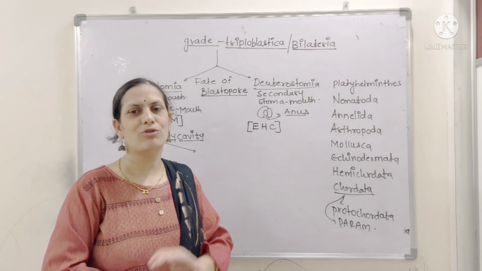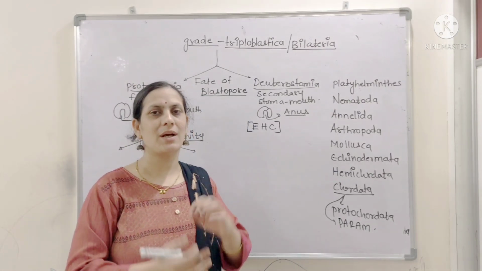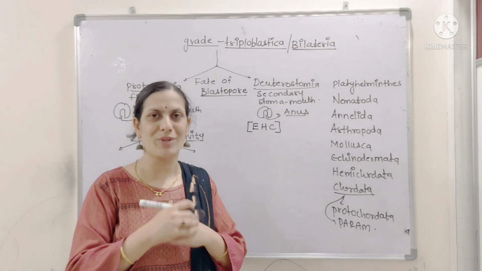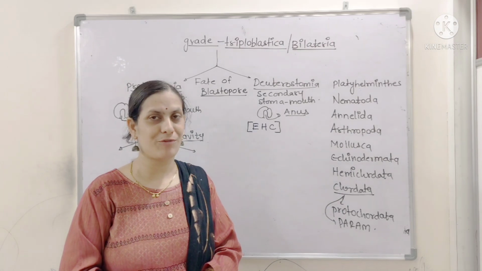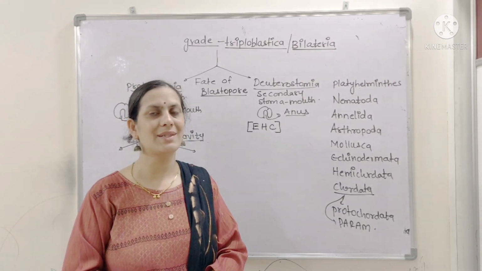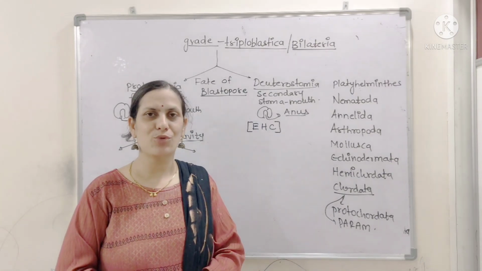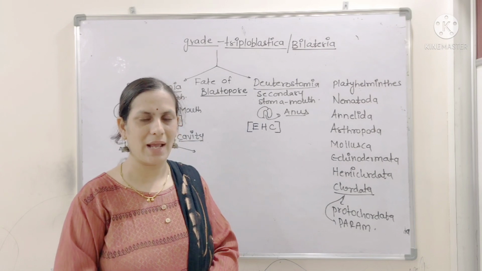So simply I could tell you what a coelom is. It is a body cavity which is a space bordered by 2 mesodermal layers. This particular cavity is doing a number of functions. It is mainly helping to give protection to the internal organs, giving little space for the movement of internal organs. More than that, many functions are there, as you know.